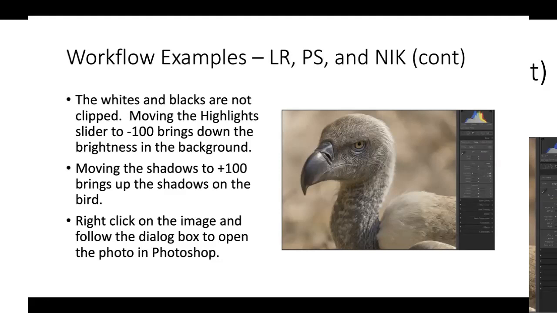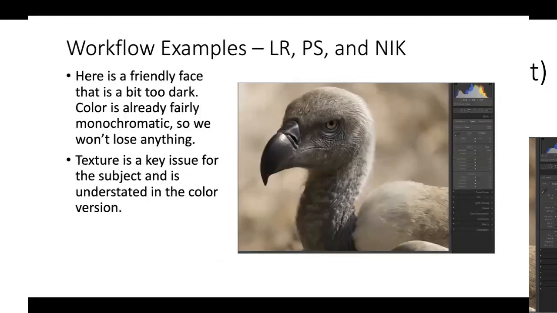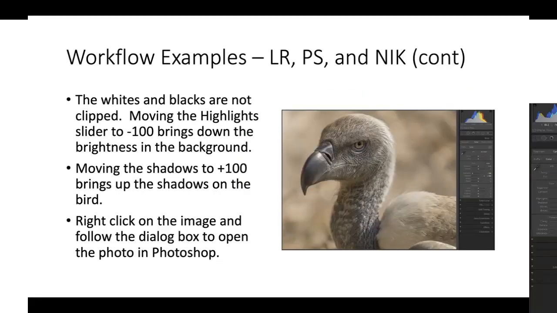I moved the shadows to plus 100 to bring out the detail in the buzzard. On the original, this was just a bit too dark, especially in the neck area and the face area. So moving that shadow slider up, I maxed it out and it worked. So we got better detail in.